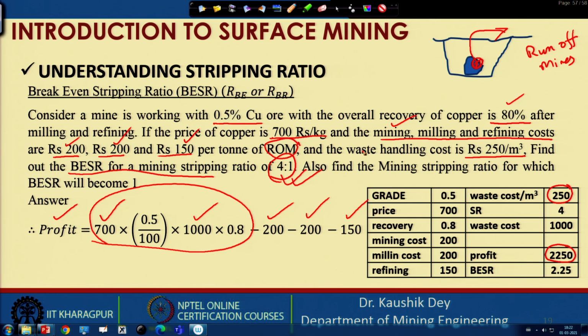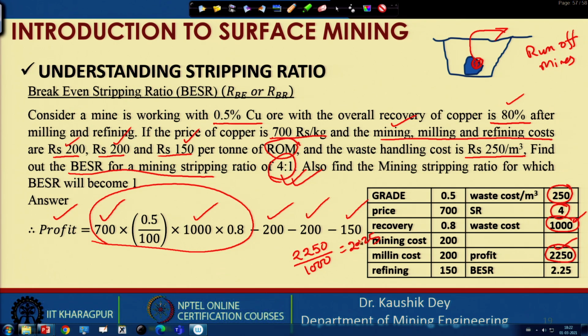So, 4 meter cube of overburden has to be handled to get 1 ton of run of mines, that means the copper ore. To remove 4 meter cube of waste rock, we have to spend 1000 rupees. So, profit is 2250, waste handling cost is 1000 rupees. So, BESR is 2250 divided by 1000, so 2.25. That means it is still profitable, we can carry on mining.